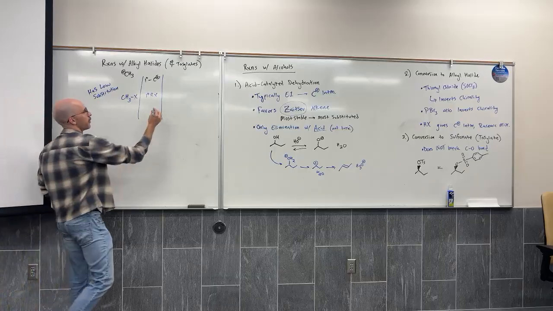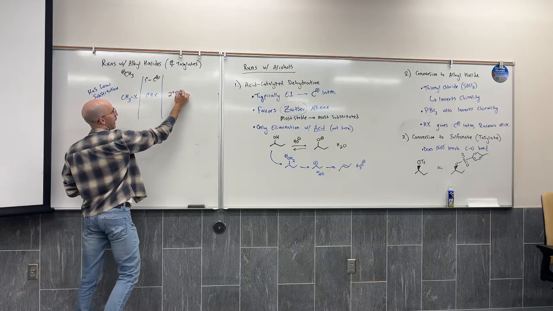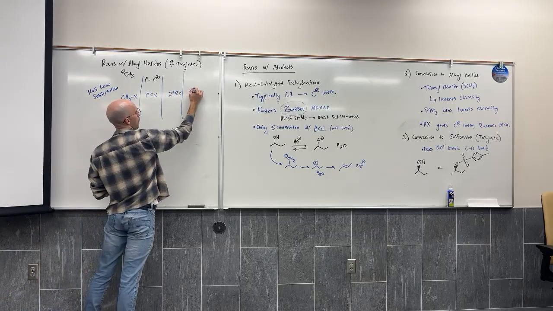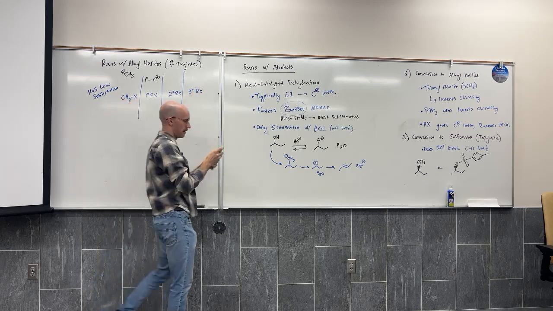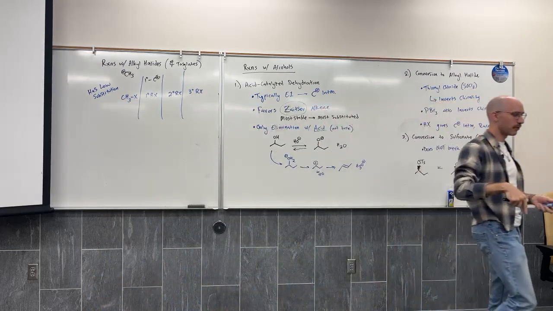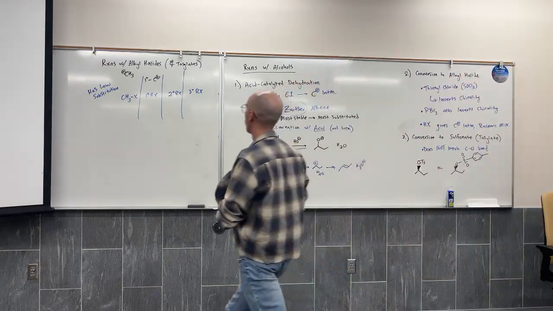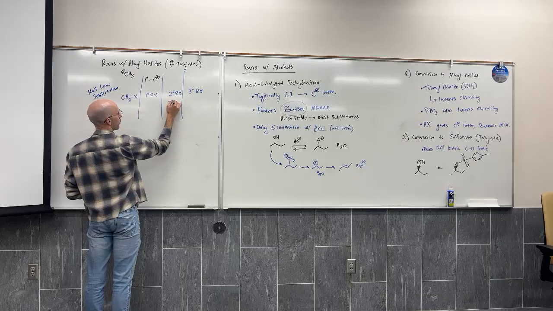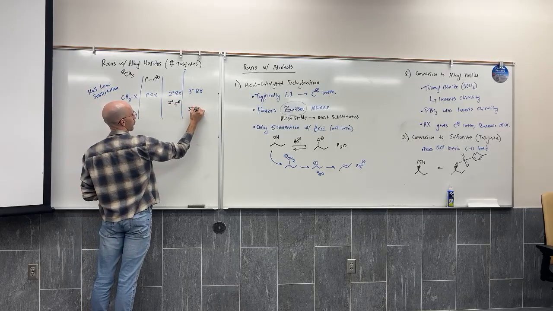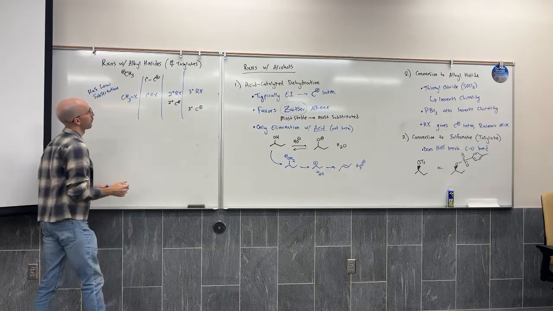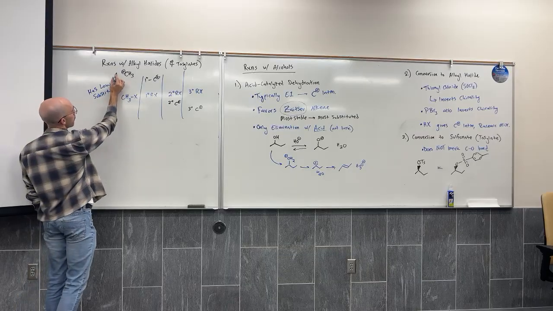But the more substituted the alkyl halide, the more stable the carbocations that can form. Secondary carbocations, tertiary carbocations. Those are the most stable that we can form.